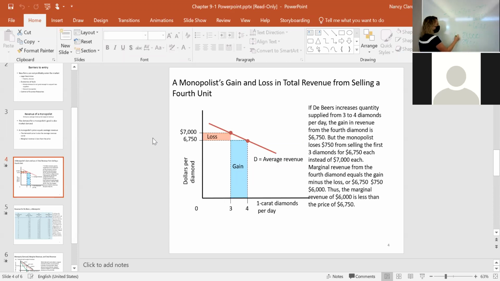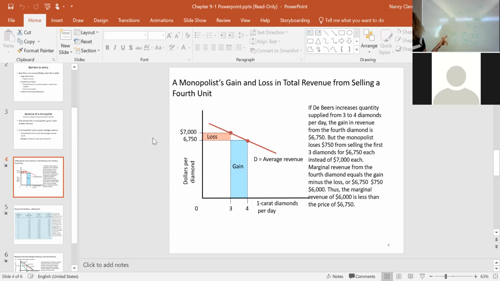So you had total revenue of 21 when you sold 3 units, and when you sold 4 units, you had total revenue of 27,000. The difference, not coincidentally, is the same $6,000, right? Your marginal revenue, what's the additional revenue you got from selling that 4th unit?